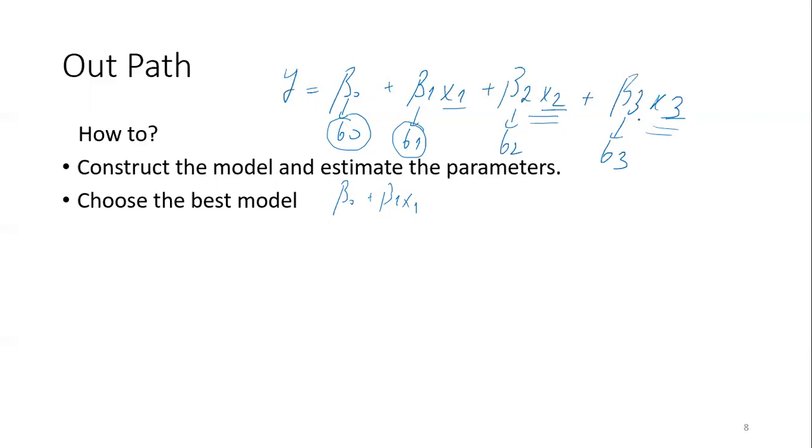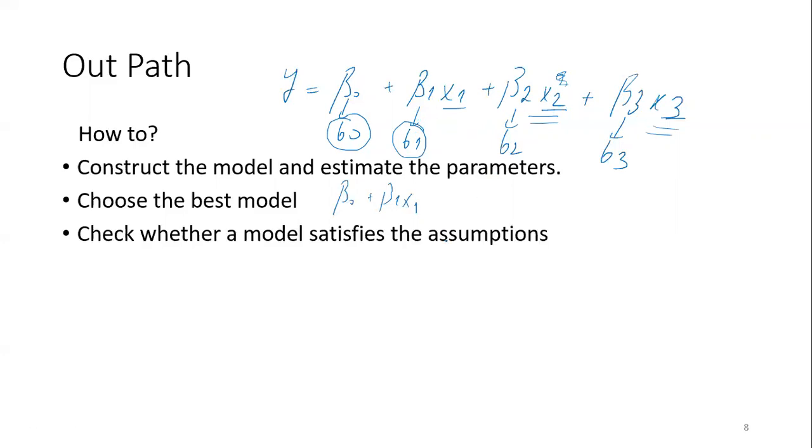Or although you think x2 affects y linearly, it may affect it in a quadratic term, so you should put something like that. So you will try to choose the best model among the set of parameters. Is it x1 plus x3, or x1 plus x2, all of them, or none of them? Once you choose the best model, check whether your model satisfies the assumptions.